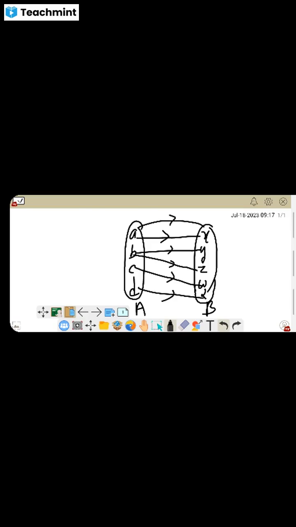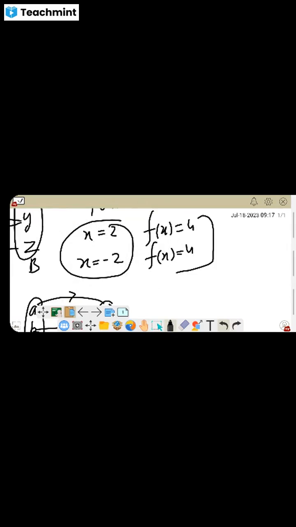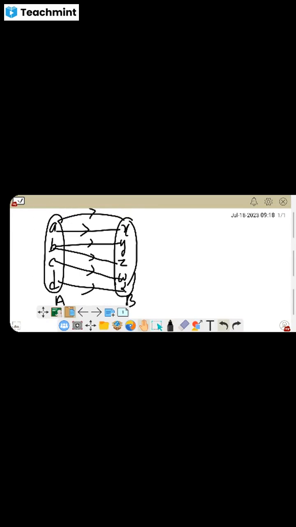Why is this not a function? Because if we put a single input, we never get two outputs. If we put two different inputs, then we can have the same output. But in no condition can we put a single input and get two different outputs. So in this mapping, we can say that f is not a function.